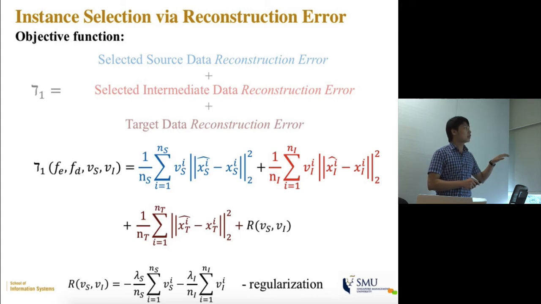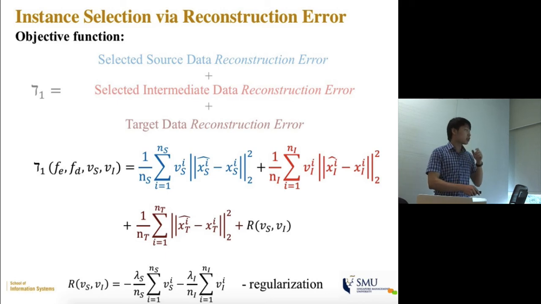Specifically, the first one is the reconstruction error for the source instance, this one is for the intermediate, this one is for the target, and the V vector here is a selection vector. It will take the value of 1 if that instance is selected. It will be 0 if it is not selected. So this is to control what are the useful instances you can use for transfer learning.